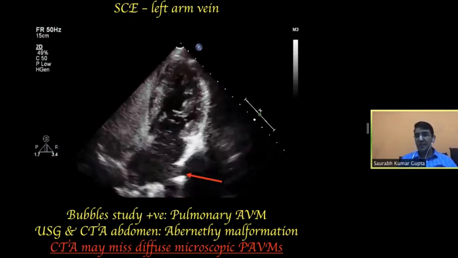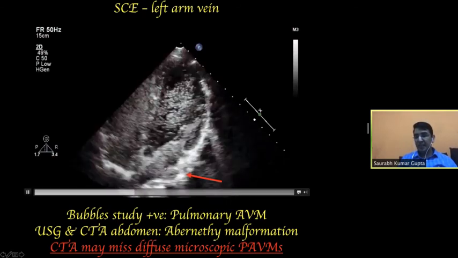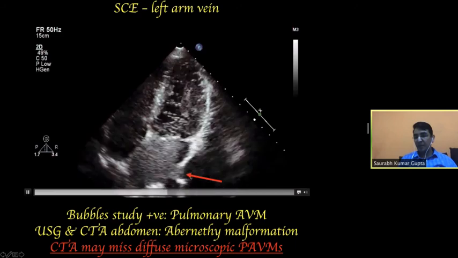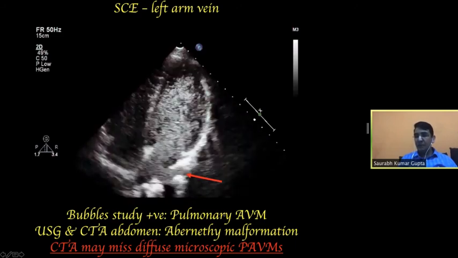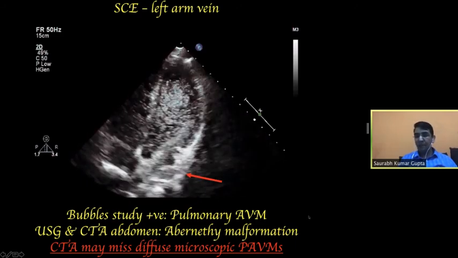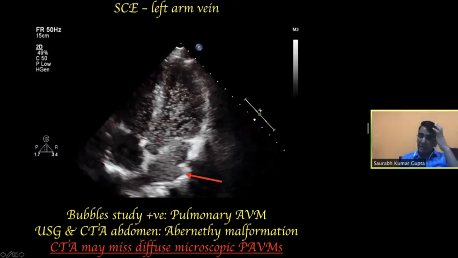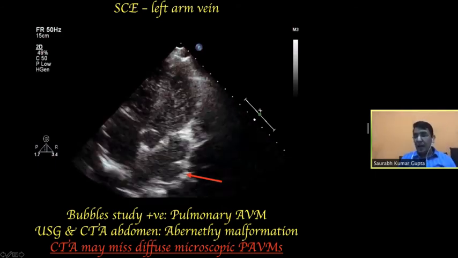As you would see, the saline comes on the left side, this time from the left pulmonary vein, suggesting a pulmonary AVM from the left lung. Ultrasound and CT abdomen then showed Abernethy malformation. This is just to emphasize that CTA may miss diffuse microscopic PAVMs, especially if it is bilateral. So saline contrast echocardiography may be more sensitive in such cases in picking up these right to left shunt lesions.